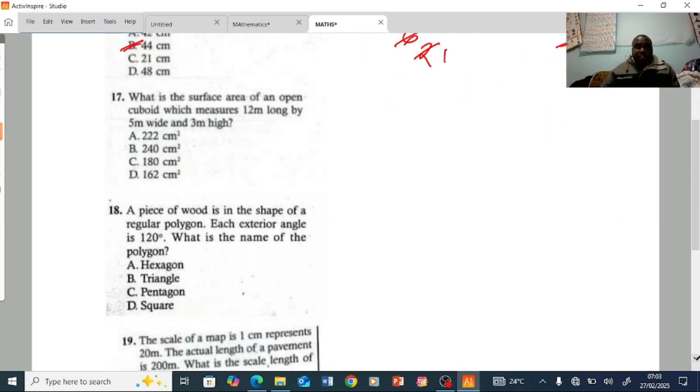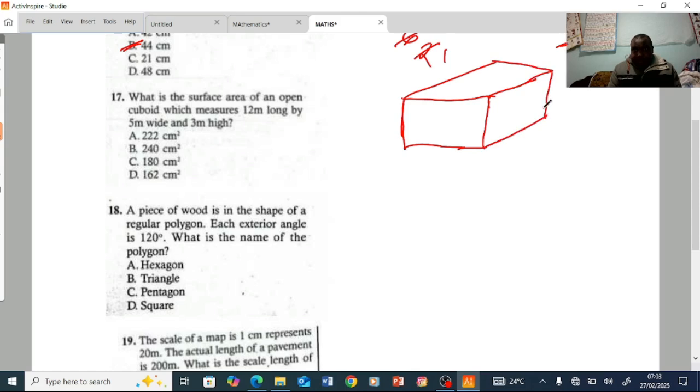What is the surface area of an open cuboid with this measurement? So it is open. The cuboid is drawn like this. So it is open, it means up here it is open.